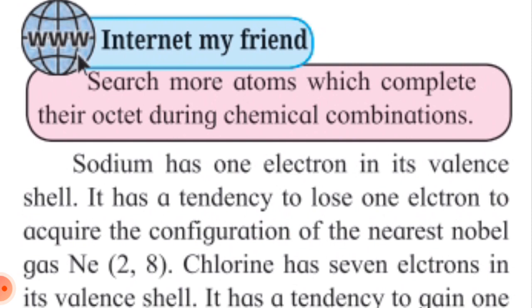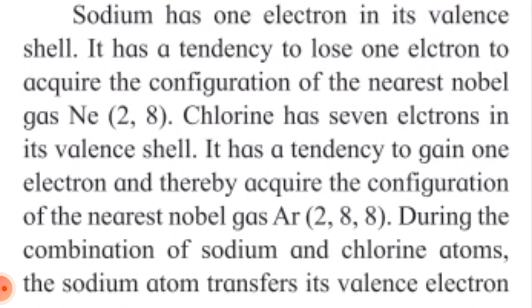Sodium has one electron in its valence shell. It has a tendency to lose one electron to acquire the configuration of the nearest noble gas, neon, 2,8. Chlorine has 7 electrons in its valence shell. It has a tendency to gain one electron and thereby acquire the configuration of the nearest noble gas, argon, 2,8,8.